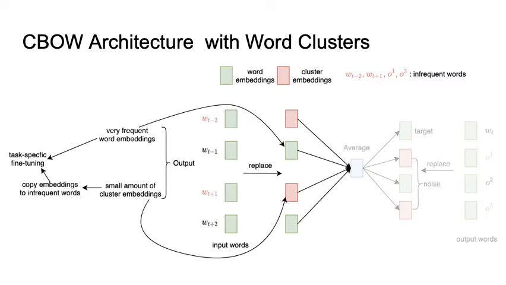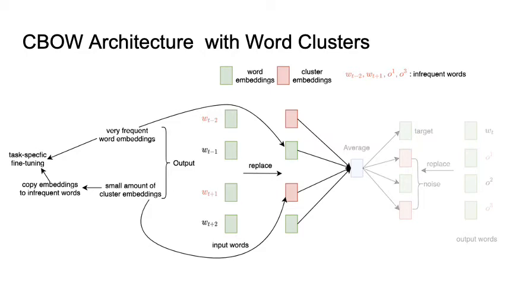After finishing training with our method on some corpus, we get some output. One is the very frequent word embeddings, and another is a small amount of cluster embeddings. And they both come from the input word side in the original CBOW model, as shown in the figure.